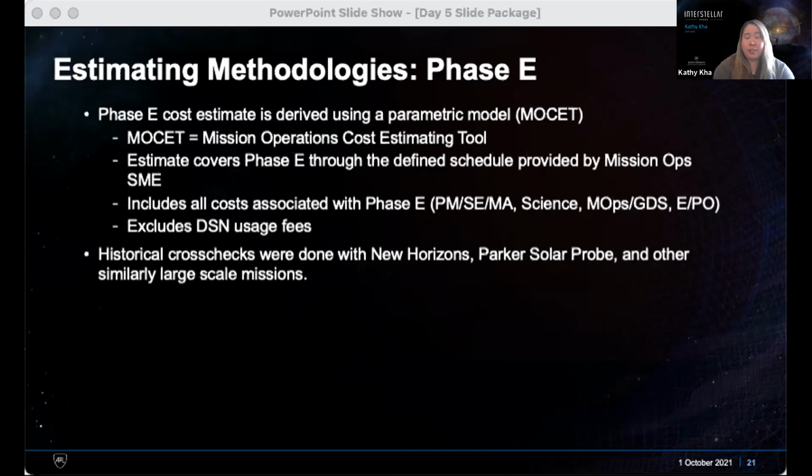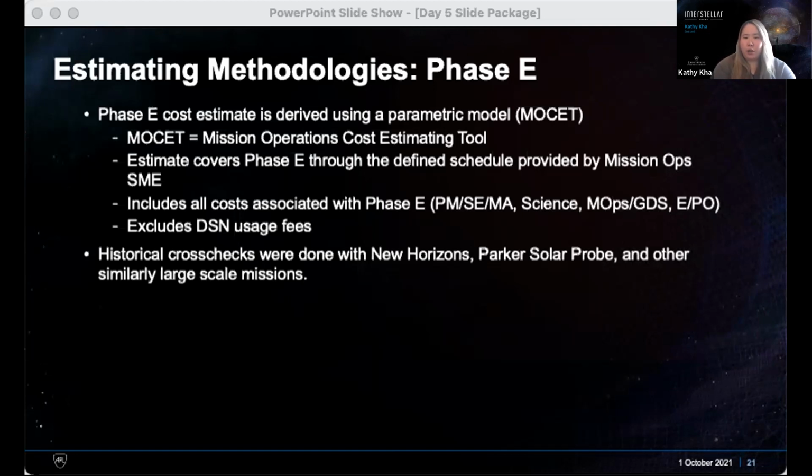It does not include DSN usage fees, since that's historically not captured in the underlying cost data that goes into the MOSET model. And the MOSET model outputs costs as a single estimate at the WBS 1 level. So that's currently where our phase E estimate is sitting. It's at the WBS level 1 level of detail.